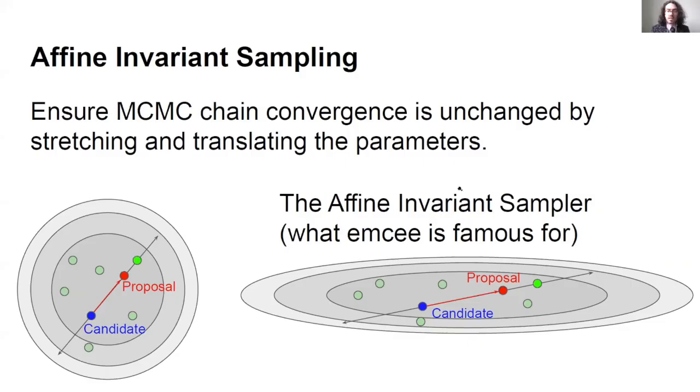You'll notice that if I stretch the space linearly, the line stretches exactly the same way, and so my proposal distribution changes accordingly. So the property this ensures is that the Markov chain Monte Carlo scheme is unchanged if I stretch or translate my parameter space linearly. If I'm performing a nonlinear transformation to the parameters, though, then that will make a difference.